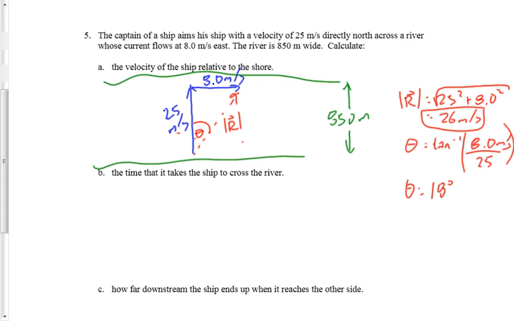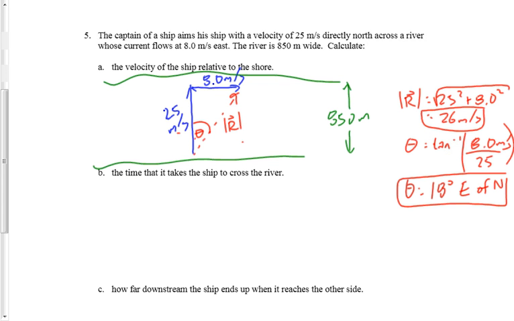Which axis is it touching, the north or the east? North. So that means it's measured from the north. It's measured from the only axis it's touching. That means it's going to be 18 degrees east from the north, or 18 degrees east of north. Right? Is that good, guys?